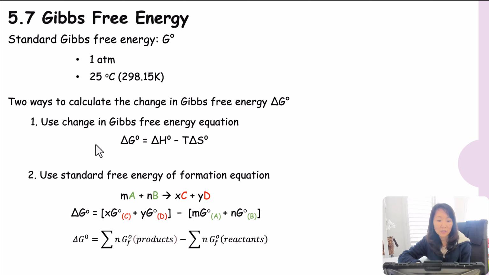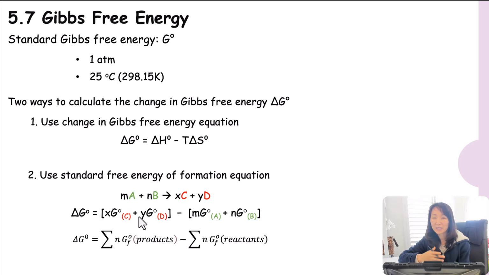There's another equation which is called the use of the standard free energy formation equation. So that is represented by here. Say the reaction A and B produces C and D. If this is the case, you will take the summation of the G naught of the products, with the appropriate amount of moles that is in the coefficient, minus the summation of the G naught of the reactants with their appropriate coefficients.